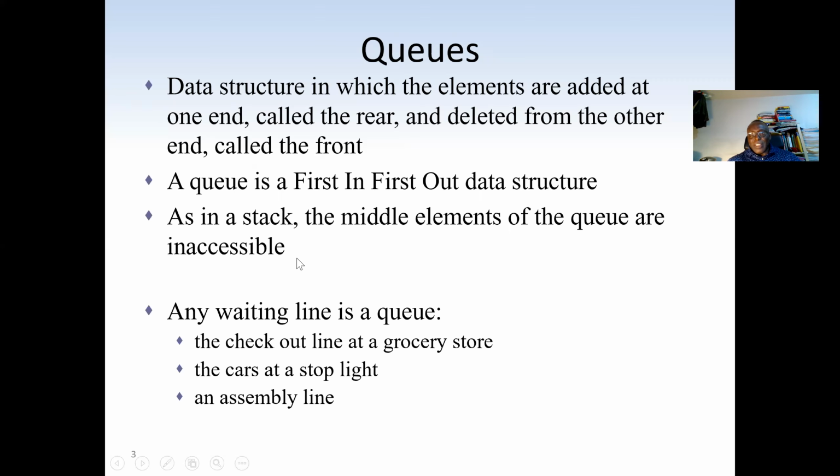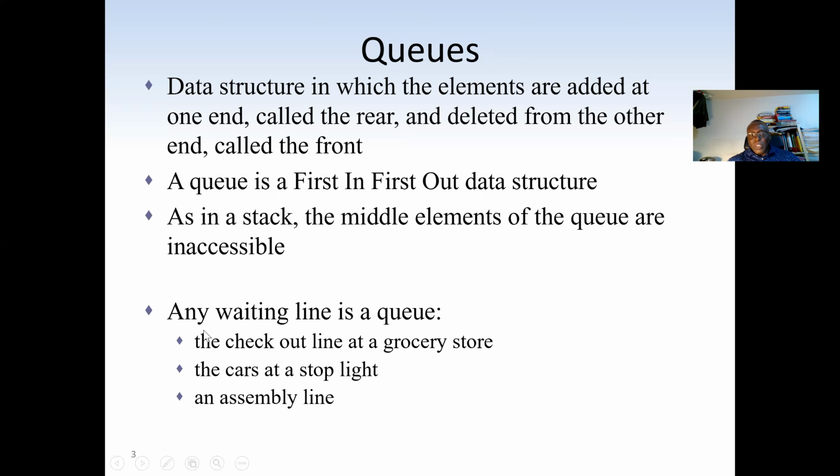We cannot access the middle element of the queue. In stack, we always access the element at the top of the stack. In queue, we can access an element either at the rear of the queue or in the front of the queue, but we cannot access the middle.